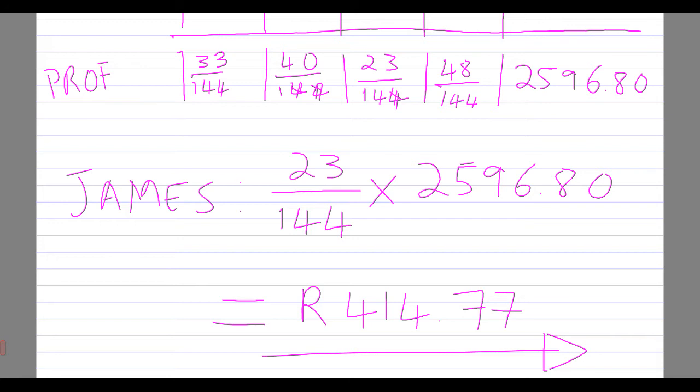You take the number of memory cards they sold and divide it by the total memory cards sold, so that gives you a fraction. For example, for Joseph it's 48 out of 144, so that's his fraction in terms of the sales. We use the same fraction to determine how much of the profits he gets.